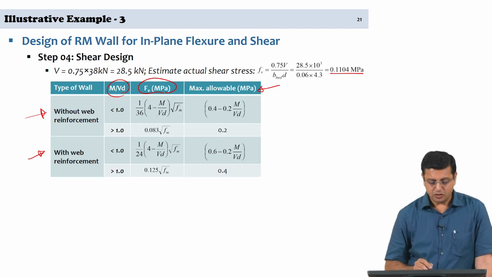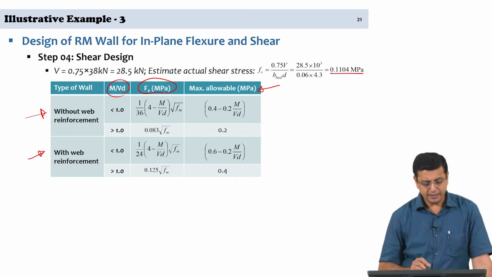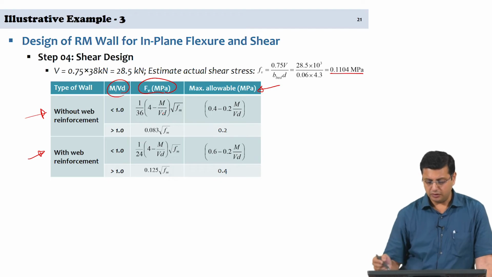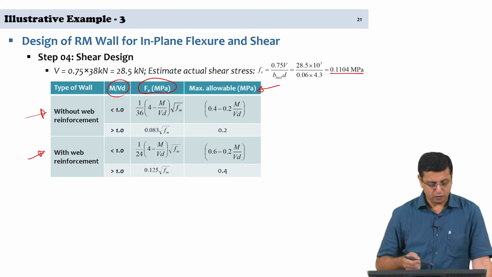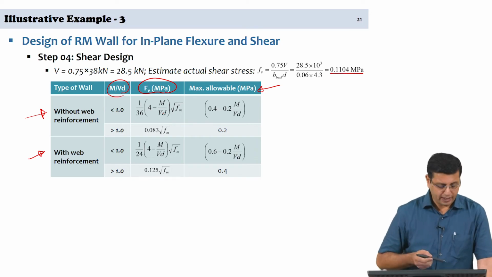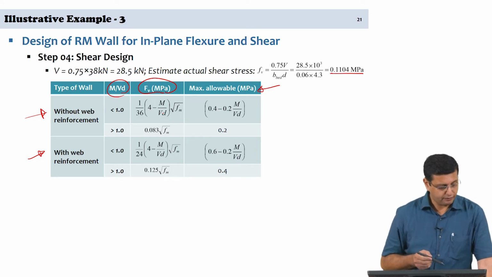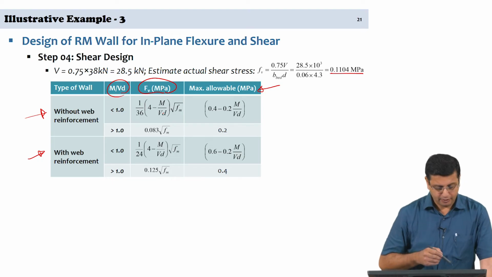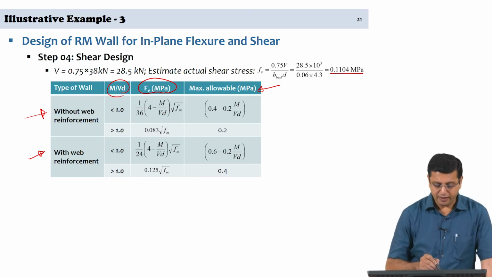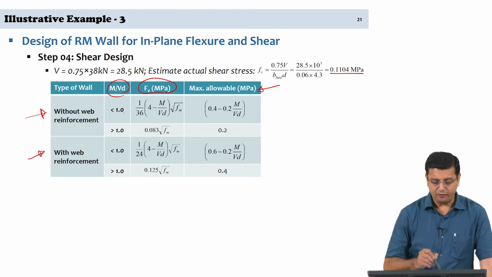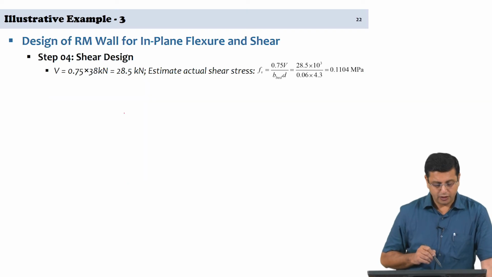In this case, the level of shear stress is low. We could choose to go either with or without web shear reinforcement, and look at the estimate of M by Vd first, and then the Fv and Fv max that we must consider.